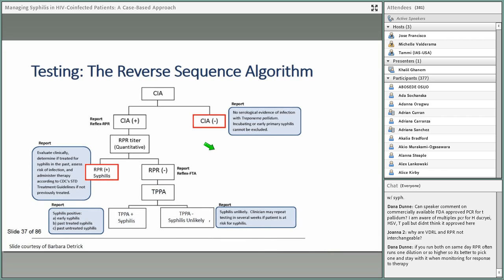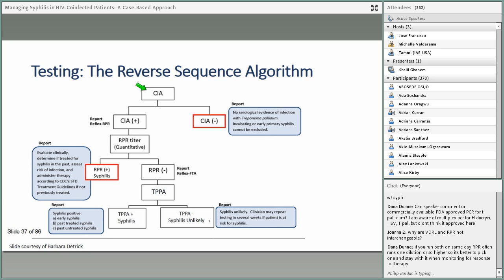Some of the causes of false positive non-treponemal tests include collagen vascular diseases like lupus and other rheumatologic conditions. Other infections, certain viral infections, can give you false positives. And old age is a common cause of false positivity of non-treponemal tests. So you can see false positive non-treponemal and false positive treponemal tests.